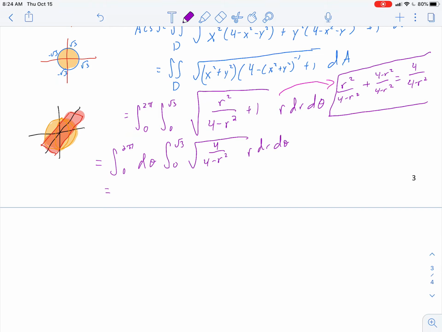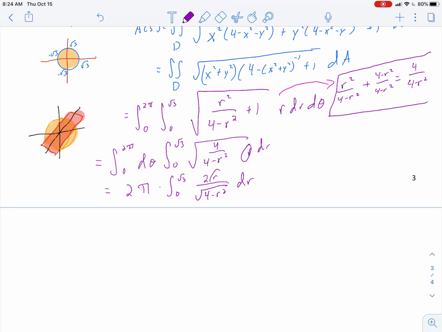So this right here, when I integrate, it's just going to give me 2 pi times the integration from 0 to radical 3 of 2r over the square root of 4 minus r squared dr. I don't know why I wrote an extra d theta right there.